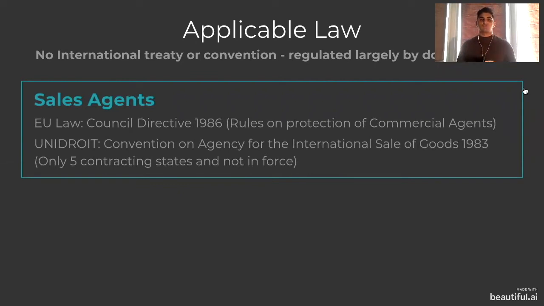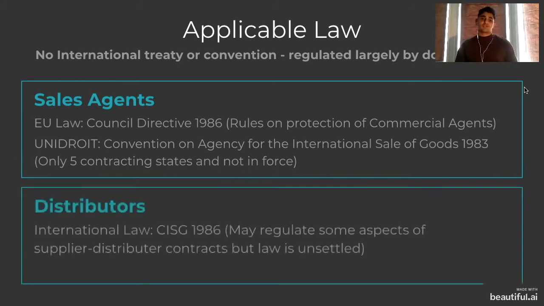And UNIDROIT, this organization that tries to uniformalize international contract law principles, made an attempt at a convention called the Convention on Agency in the International Sale of Goods, and that pretty much would have regulated international sales agents laws. The problem was only 5 states contracted to it, and so it's not in force. And considering it was created in 1983, you can pretty much imagine it's dead now. So that wasn't a great success.